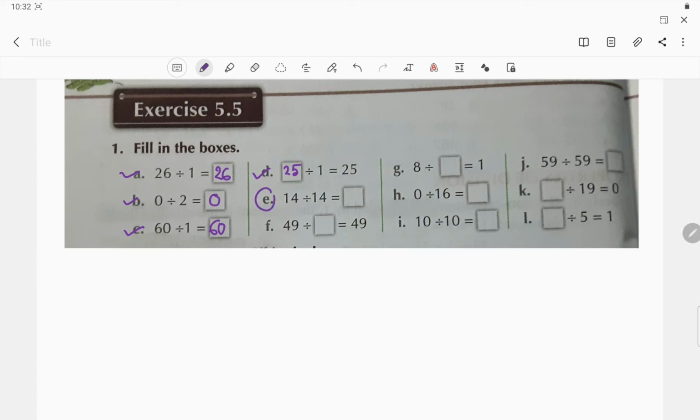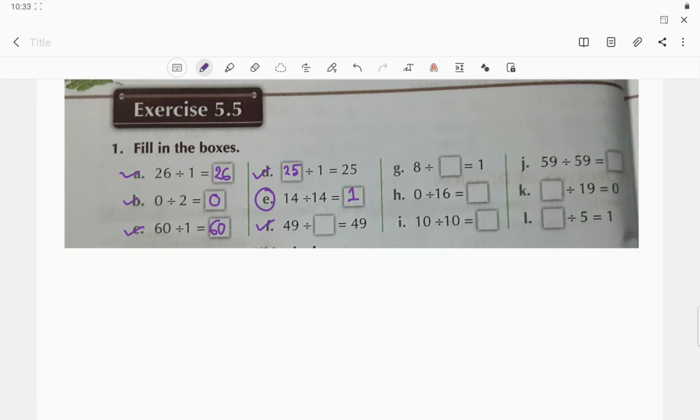Now E number. E number is from property number 2. If you divide a non-zero number by the number itself, then you will get 1. Similarly, for question number F, here you have to find the divisor, but here 49, the dividend and the quotient is given.